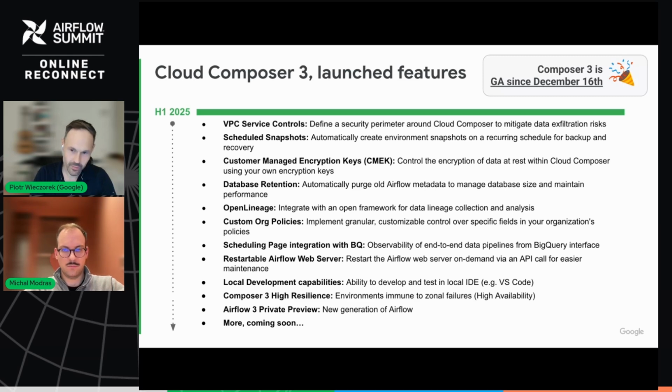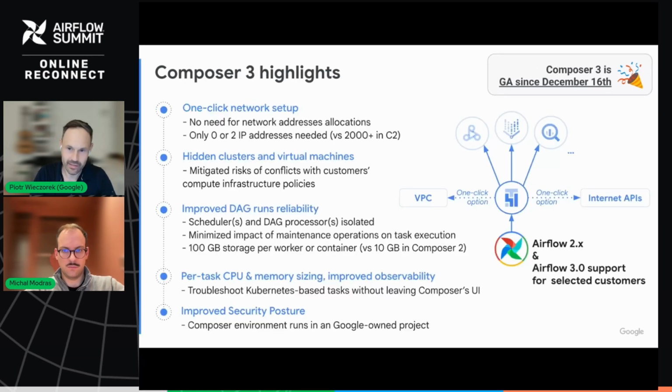And let's move to the next slide and also briefly highlight the most important changes that we have introduced to Cloud Composer 3 versus our previous iteration, Cloud Composer 2, which might be very familiar to a number of you. The first one, based on the feedback that we got, we have significantly simplified the networking setup in Cloud Composer.